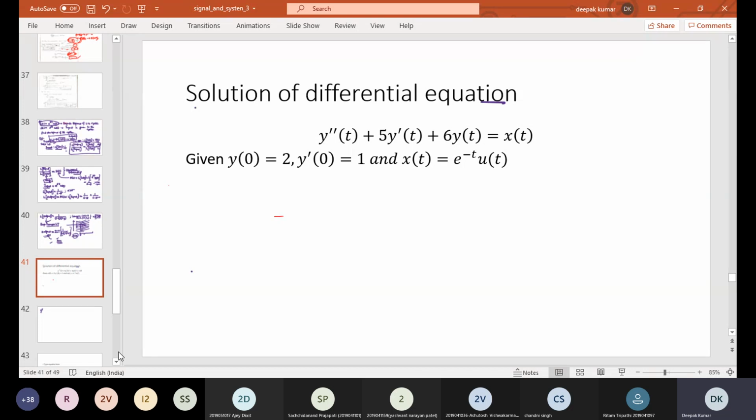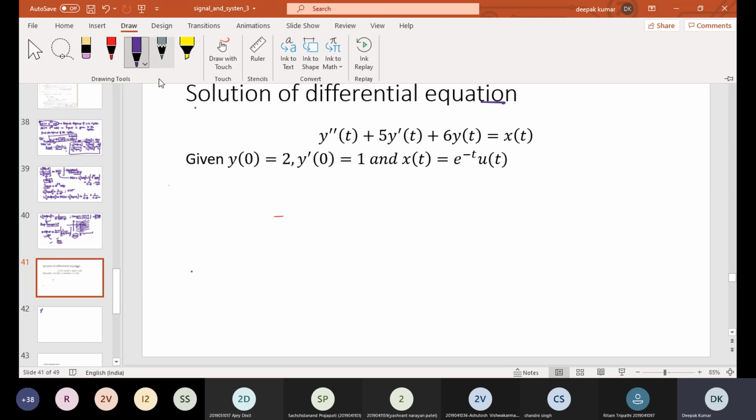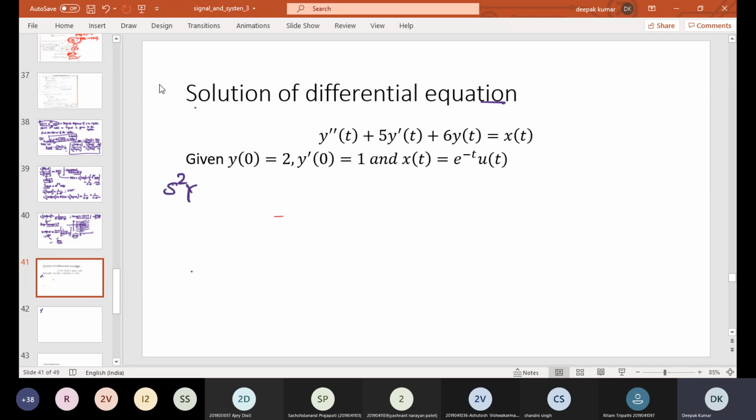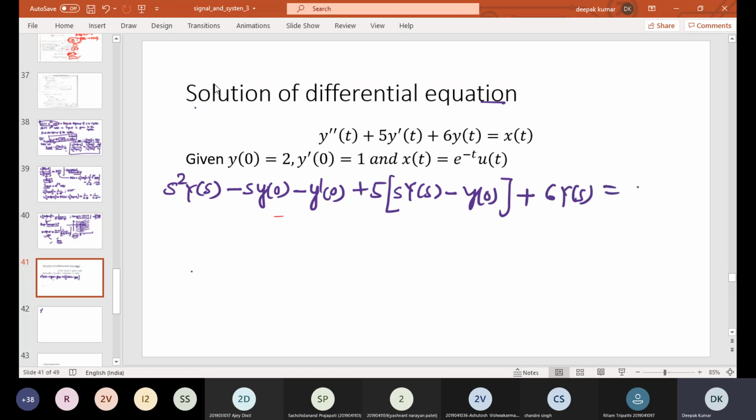So s square y of s minus s y of 0 minus y dash 0 plus 5 times, rest everything, ys minus s, sorry, s here, minus y of 0 plus 6ys is equal to xs.